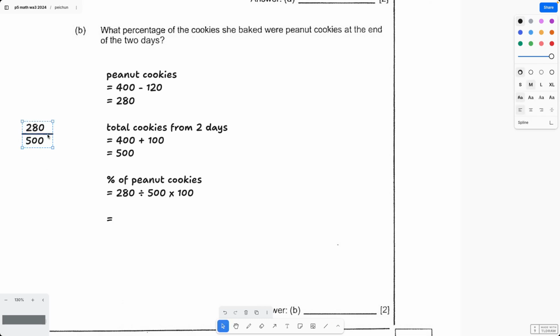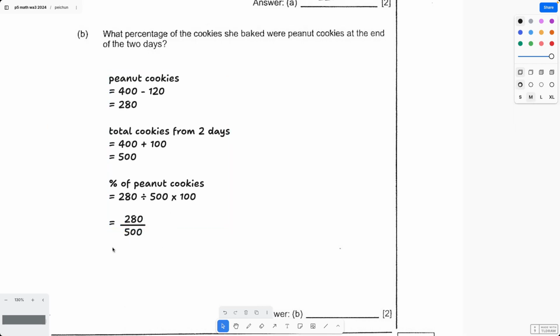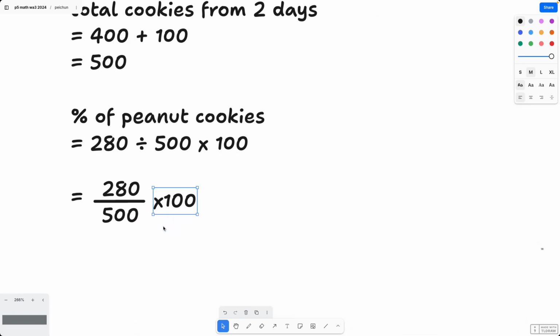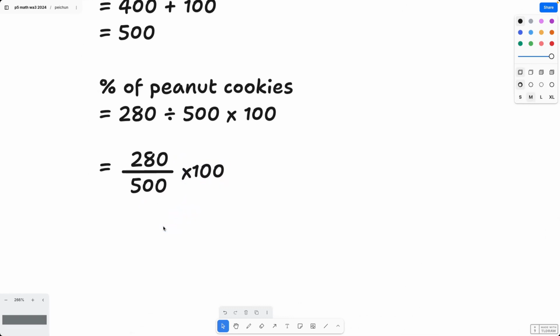It doesn't really affect that much, but yes. Then we can multiply by 100, just x 100. That's what you see over here. All right, then what we can do is make this into a simple, what do you call this?